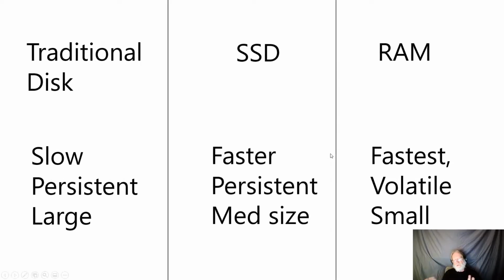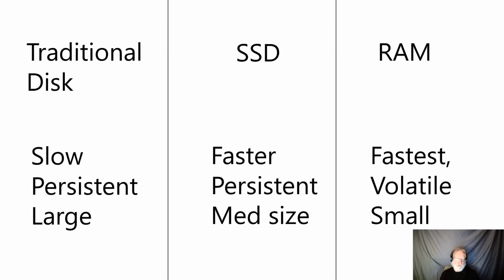But we're adding more options into the picture here. So SSDs came along years ago. SSD is basically non-volatile RAM. It's flash memory with an interface that makes it mimic a traditional disk. So it's significantly faster.